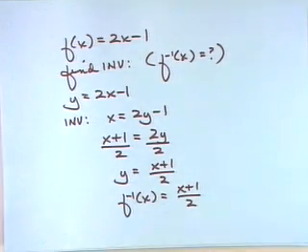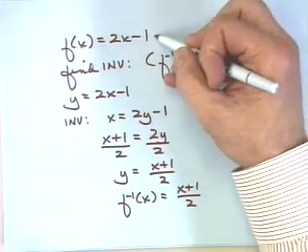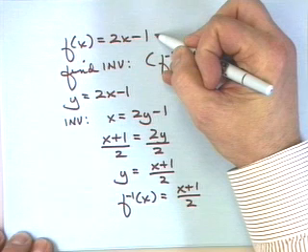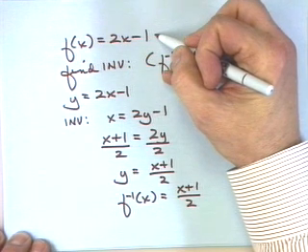Now, does that look like to you that from the function we started with and the function we ended with, which is a completely different function, completely new set of points, that we have the opposite operations done in the opposite order? What's the first thing you do to x right here in this function? If you were plugging in a number for x, what's the first thing you do?